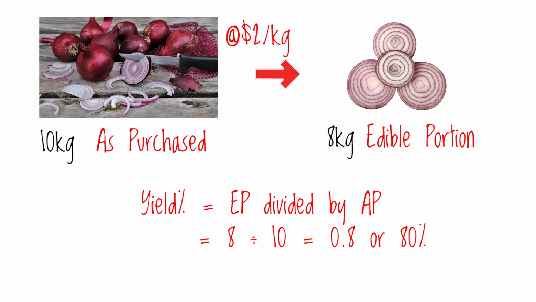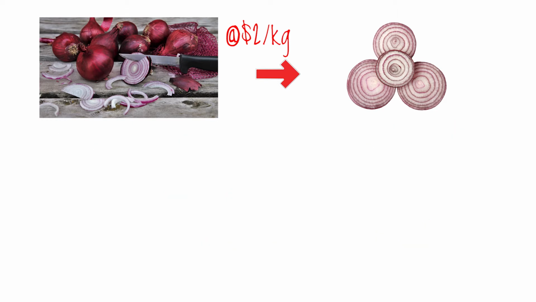Simple enough? Now, if we are talking about EP or AP costs, then AP cost would simply be how much you paid for it per weight unit. In this example, it was $2 per kilo. Then how about EP cost? To calculate your EP cost, you would simply need to figure out how much you spent for the usable or edible portion.